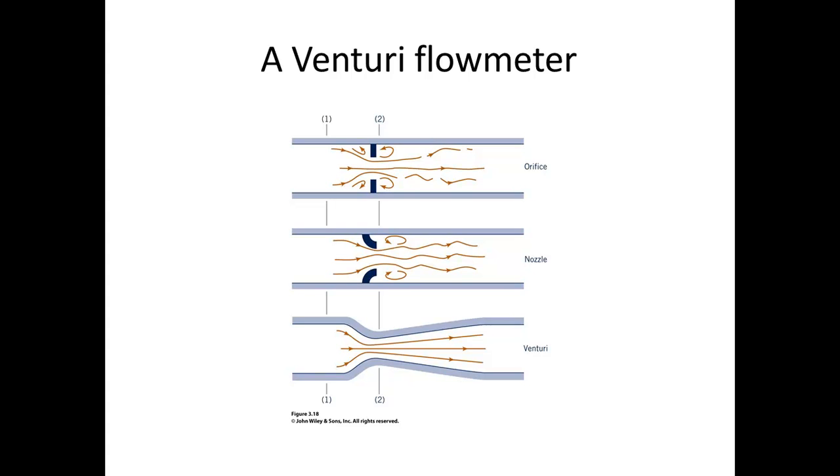And finally, there are three more flow meters that you can use Bernoulli's equation for. This slide shows you a Venturi meter, and you can see the strategies in the bottom especially.